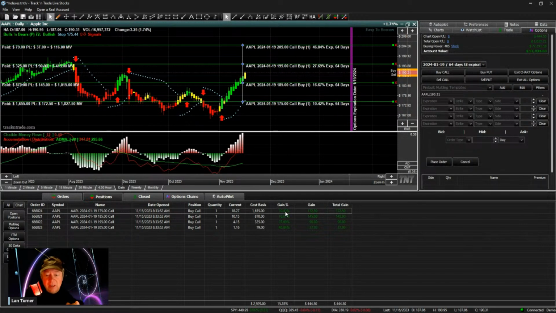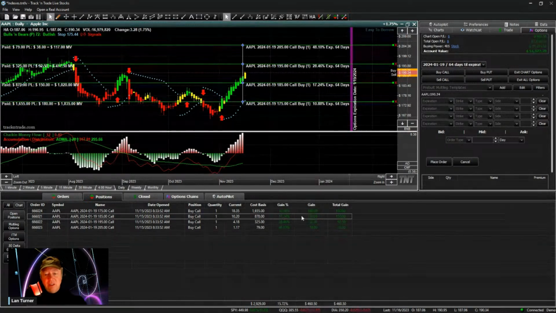But look at the gain, 10%. It's 10% on $1,655, which is not as high a percent. This one was 16%. This one was 10%. But 10% of $1,650 is more money, more cash, than 17% of $870.